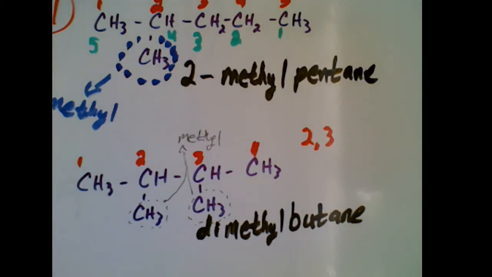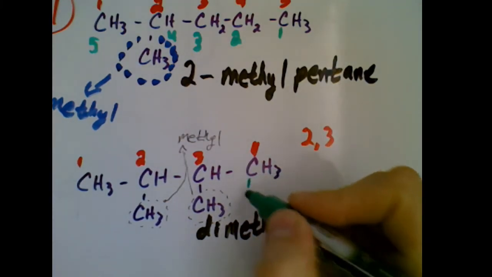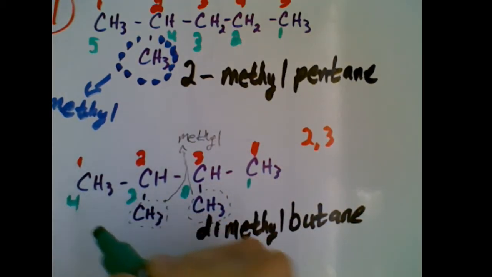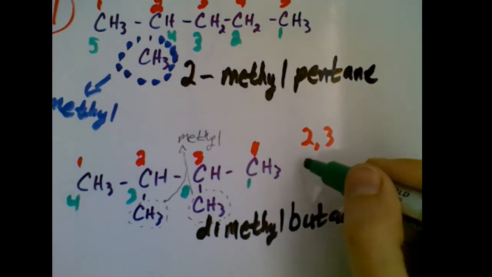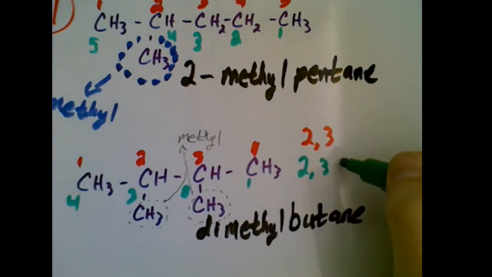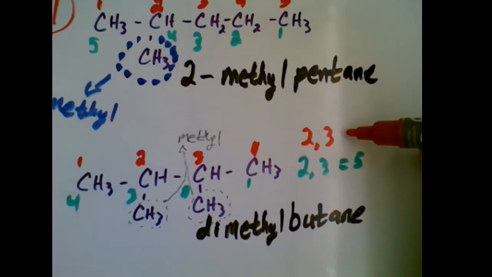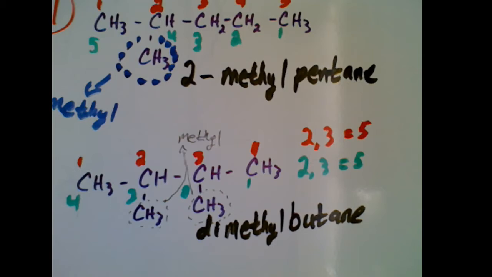I could also name it in the opposite direction and go, this is carbon 1, this is carbon 2, this is carbon 3, and this is carbon 4. And that still gives me the 2 and the 3. If you were to add them up, remember we want the lowest sum, you get 5 either way, which means it doesn't matter which direction you use because it's the same.